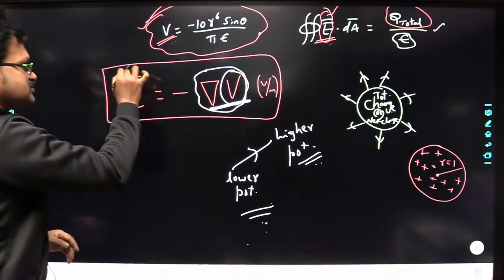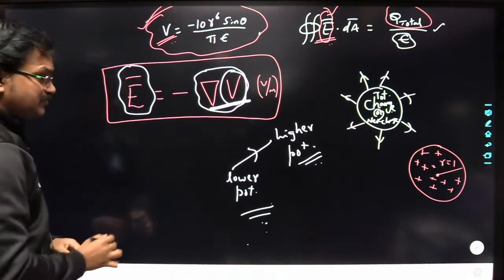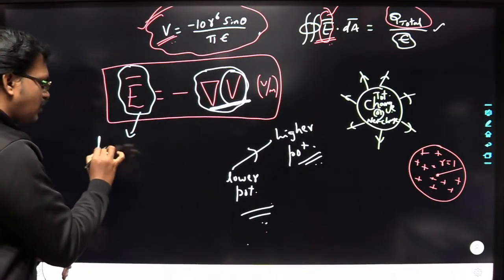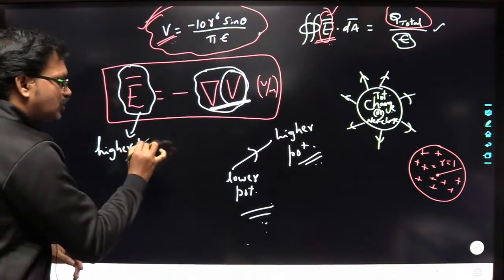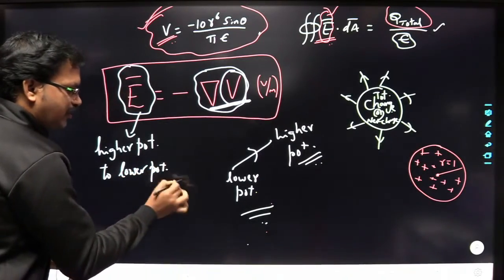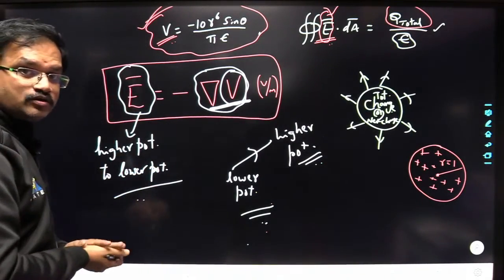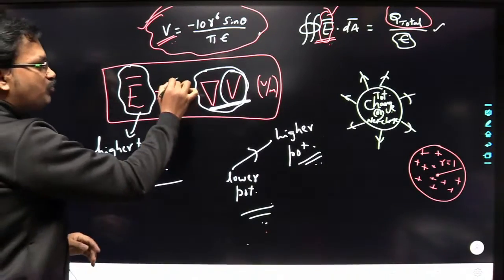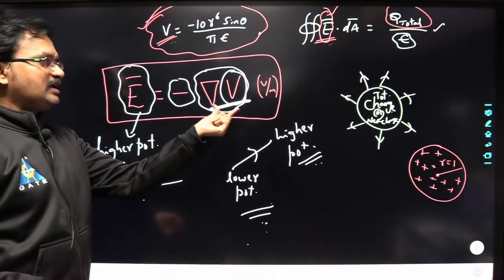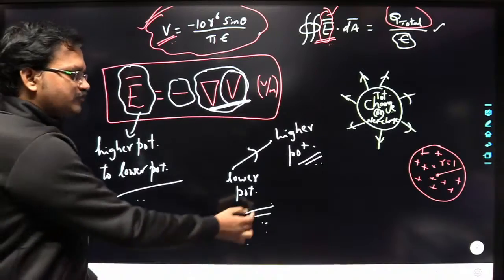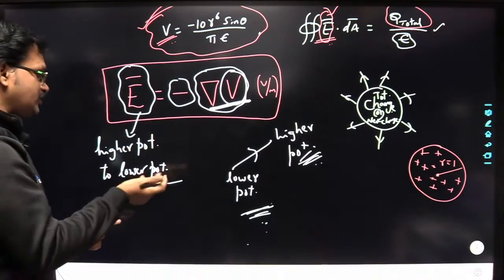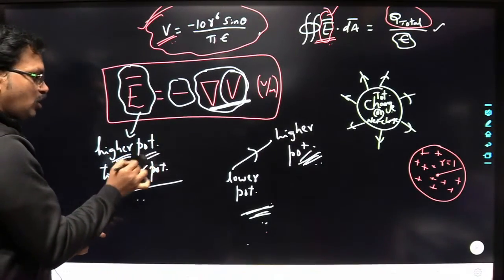And we know that the electric field always points from higher potential to lower potential, and hence we have put the minus sign. Gradient of V is a vector that points from lower potential to higher potential, whereas the electric field points from higher potential to lower potential.